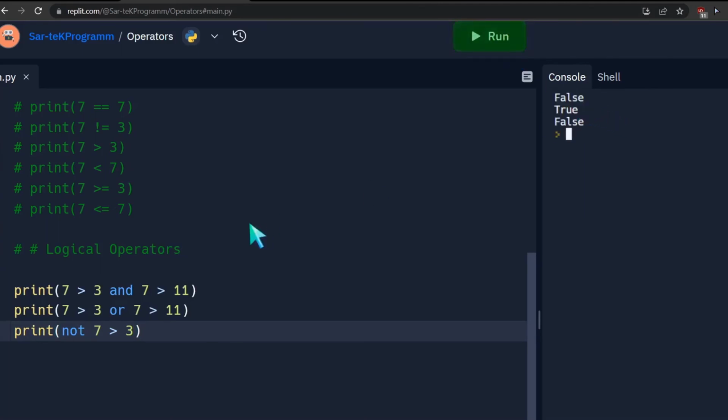See, we got false. But in the second case, when it is OR, the first condition is true, 7 is greater than 3, but the second condition is false, 7 is not greater than 11. But even then we get true. And in the third case, we know 7 is greater than 3 and this condition is true, but since we have used not here, we've got false, because it just reverses the result, as we know.